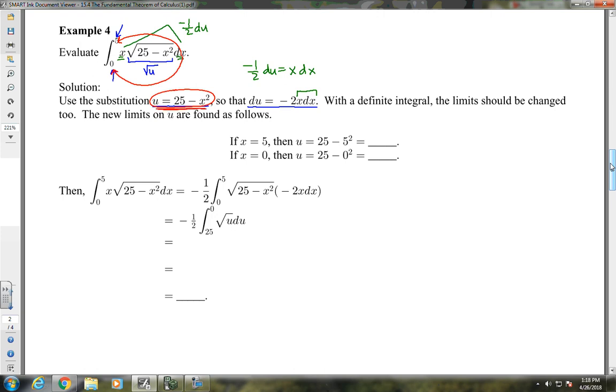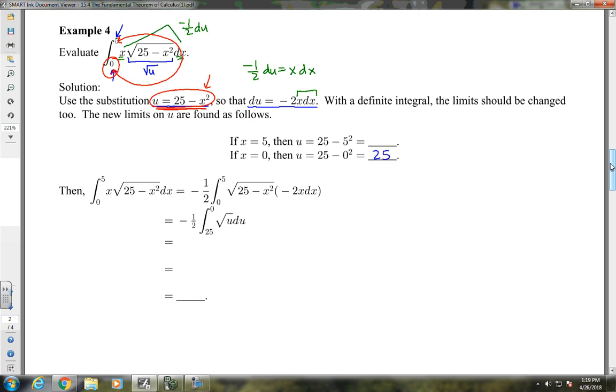Okay? So let's consider our lower limit of integration, which is 0. When x equals 0, and I plug it in here, u is 25 minus 0. I'm looking at this second line here. So when x is equal to 0, u is 25 minus 0 squared, which is going to give me 25.